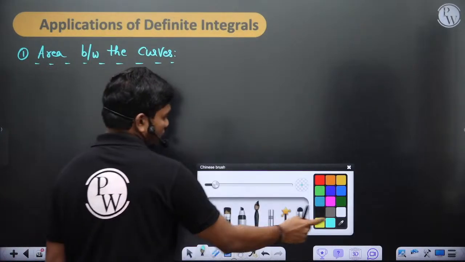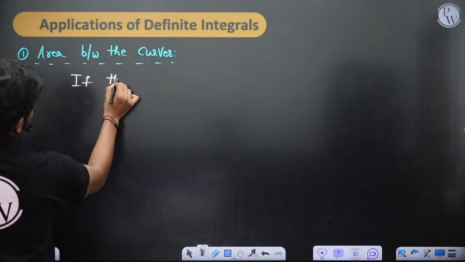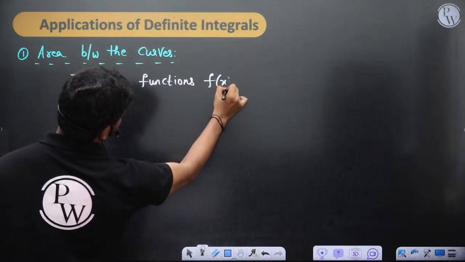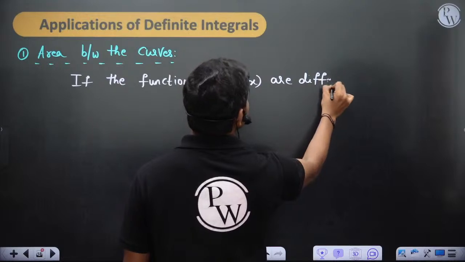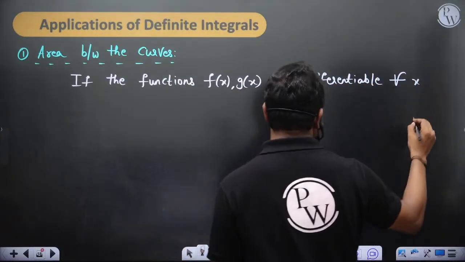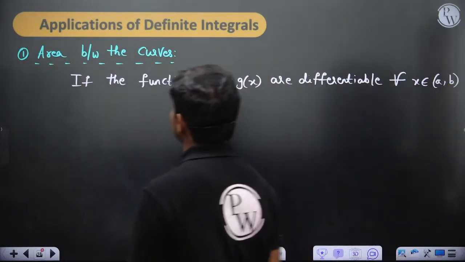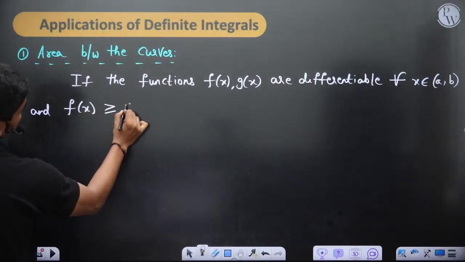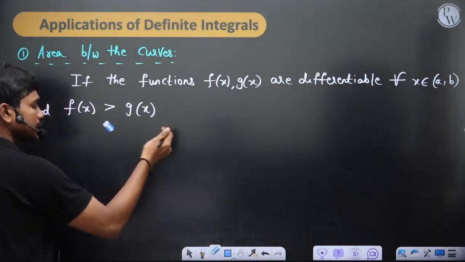Okay. So let's see in this case, if the functions f of x, g of x are differentiable for all x belongs to the open interval a comma b, and f of x is greater than g of x, let's say, because if it's equal, it's 0 by default.